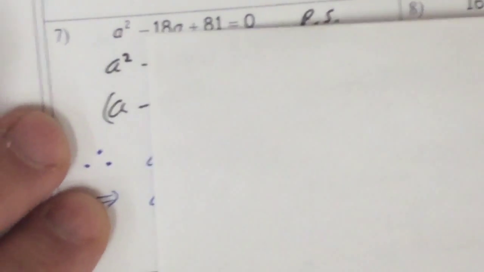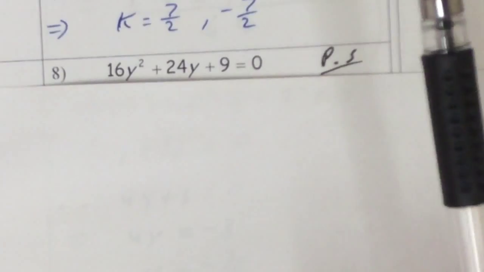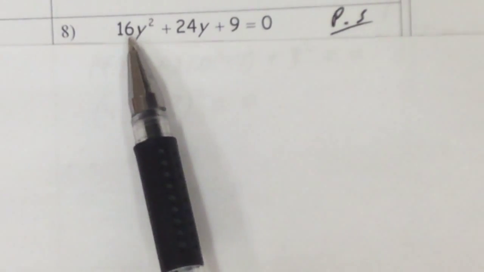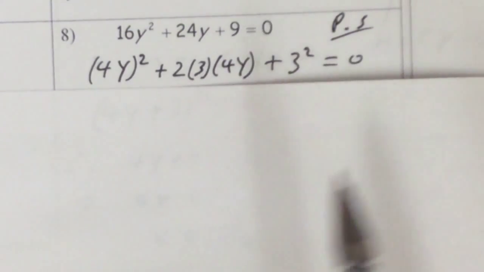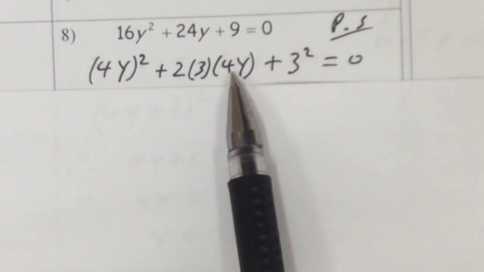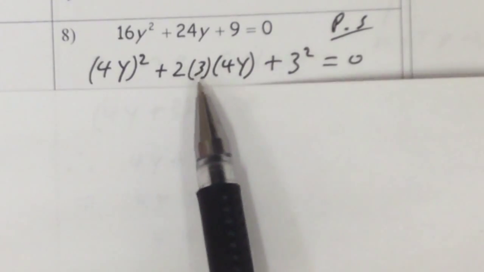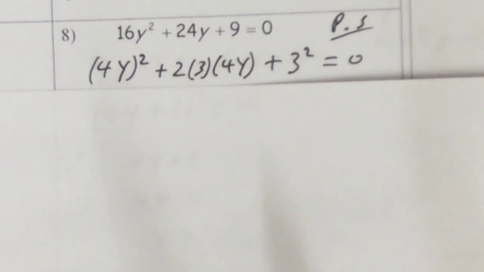Okay, another perfect square, not as nice a one, but can you write this as a perfect square? Hopefully you can. So 16y squared is actually 4y all squared. So you can write it so that 4y is the variable. Okay, and then what's left over here is a 6, but half of 6 is 3, and that's 3 squared, so you have a perfect square.